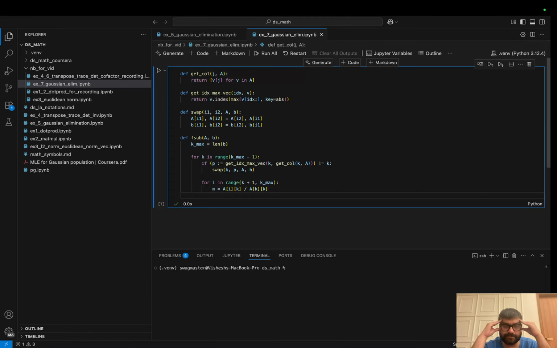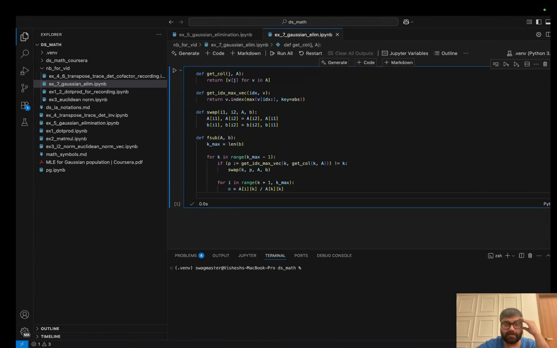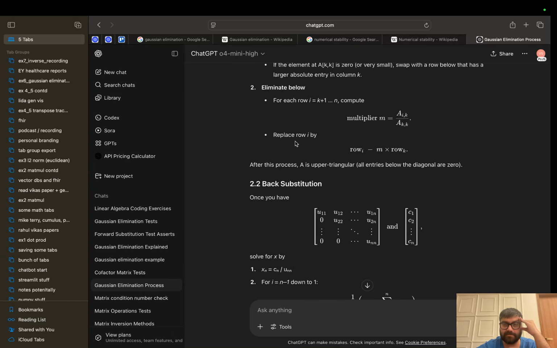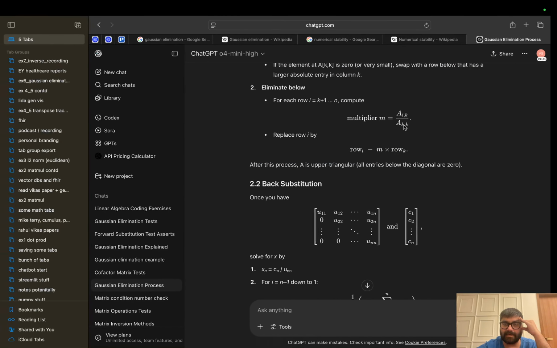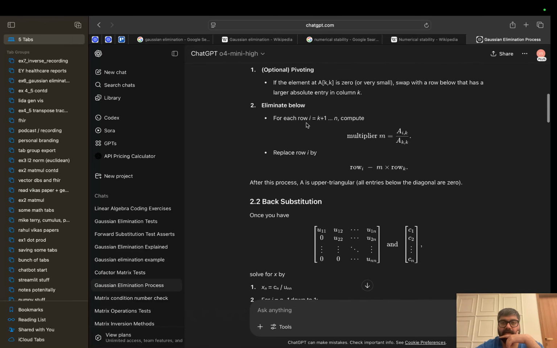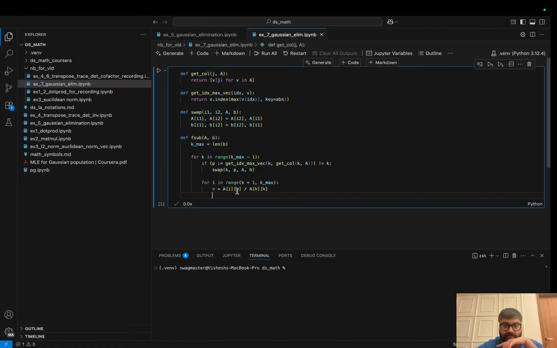Anyways, so if I'm correct, this is the multiplier. I'm not going to look at my old code, but I will look at this. Oh, okay. A_ik over A_kk. So that is the multiplier. i is defined as k plus 1, which is where it starts.